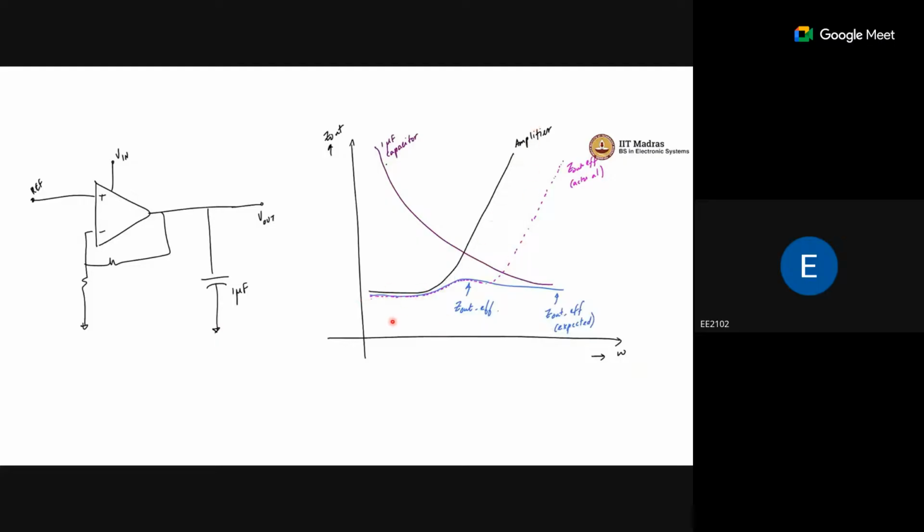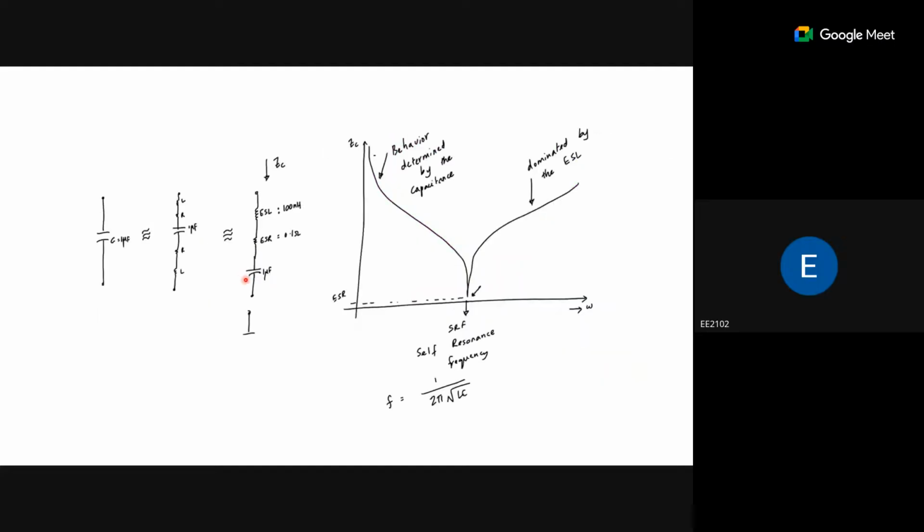So we can see what should be the effective impedance so that our expected output will be this one. According to that, we have to take the capacitor value and design the impedance so that we can get the effective value.